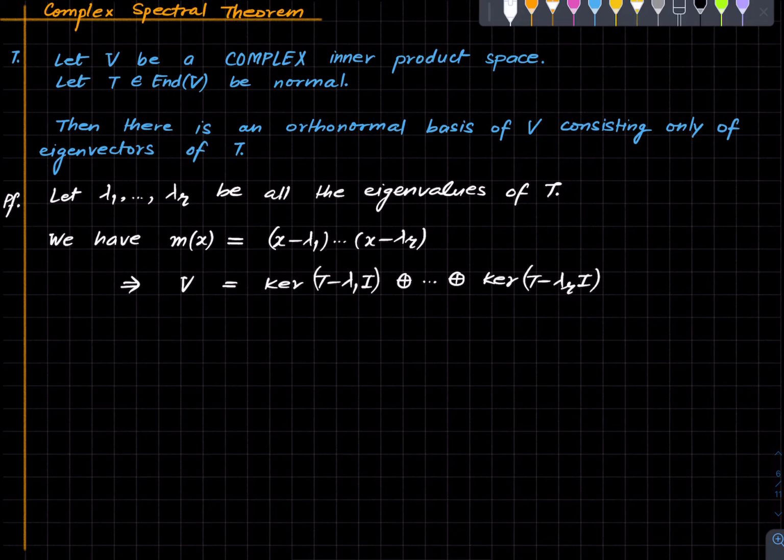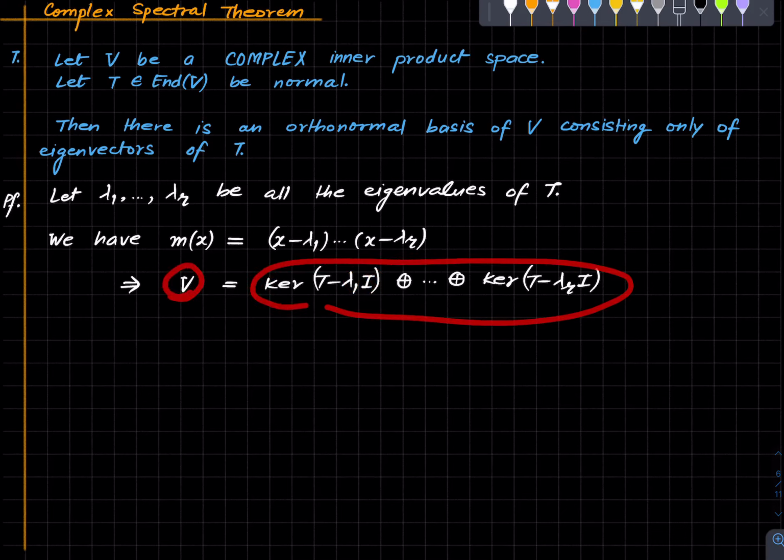Okay. And what we have already shown is that any two eigenvectors corresponding to distinct eigenvalues are orthogonal, and hence you pick this guy or any other guy in this direct sum, those two subspaces are orthogonal to each other, because this is the set of all the vectors which are eigenvectors corresponding to lambda 1 and so on. So this is actually a decomposition of the vector space V into pairwise orthogonal subspaces.